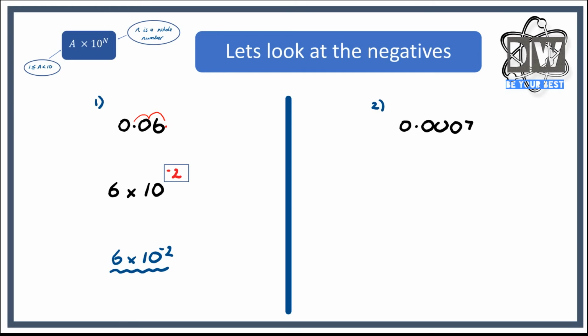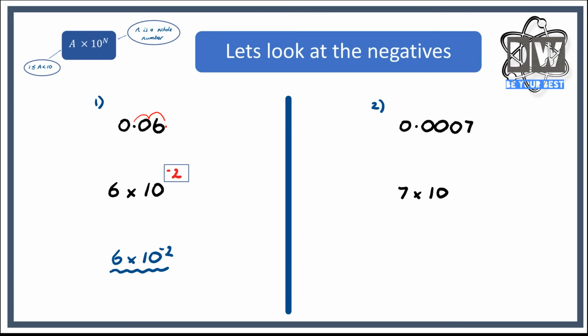So the next one is 0.0007. And remember, we're going to put it into the standard form format. Our number's going to be 7. So let's put that down now: 7 times 10 to the power of something. Now we're working in the negatives, so it's always going to be a negative answer today.